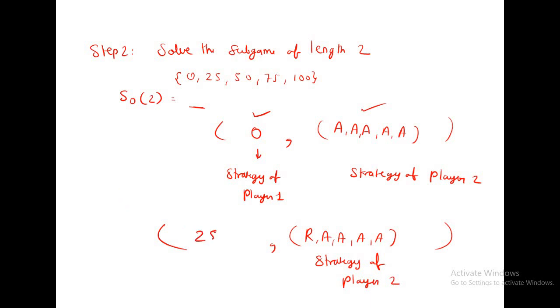So 25 is the strategy of player 1. So these two are the equilibria of this game. This and this are the two equilibria of this game. So this is the end of the lecture. Thank you.